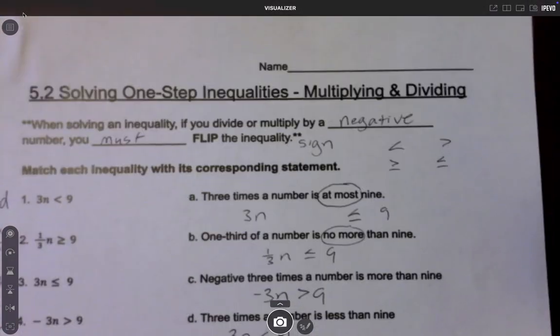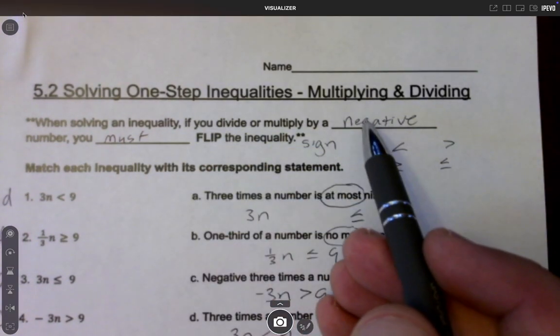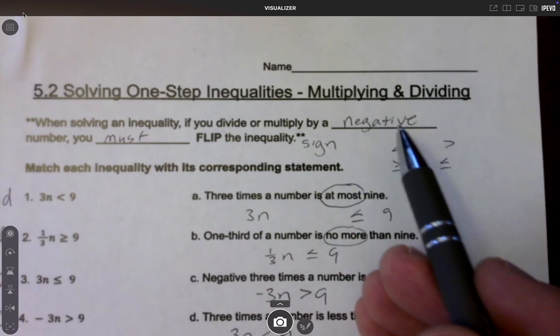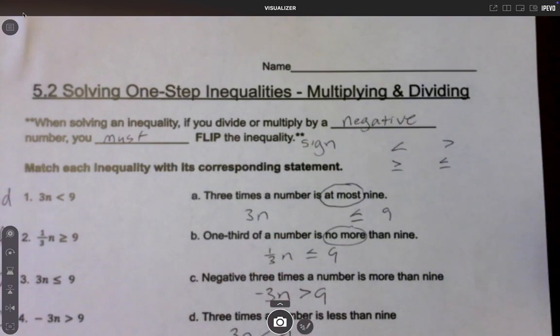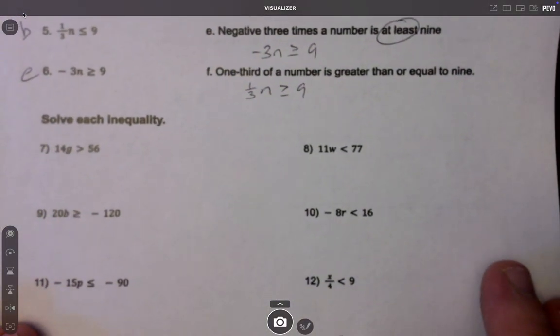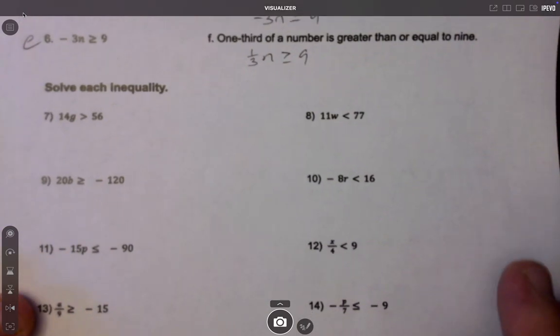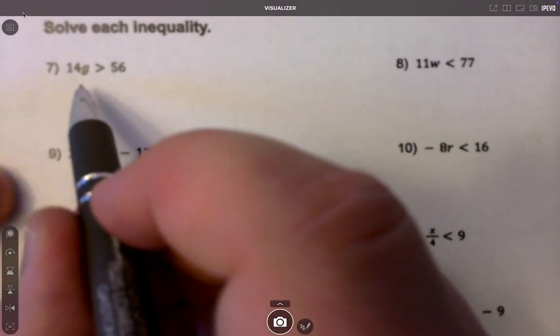Okay, now as we're about to actually solve some, I want to remind us again. This works the same way as solving equations, but if you divide or multiply by a negative number, you must flip the inequality sign. Okay, so on number 7, I'll zoom in a little more. That's 14 times g.